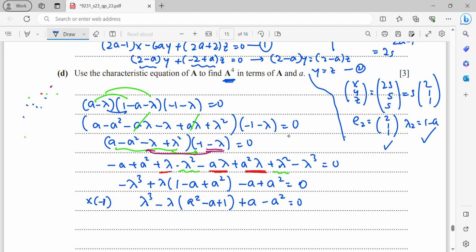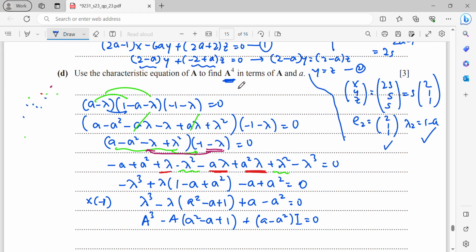Okay, then now I will change it to matrix A. Now, A minus A squared is actually a constant, but when you convert it to matrix, you have to times by identity matrix. That's why you see the I at the back.